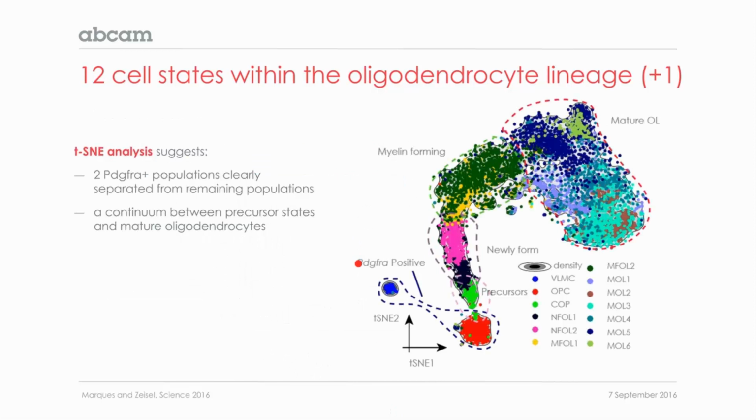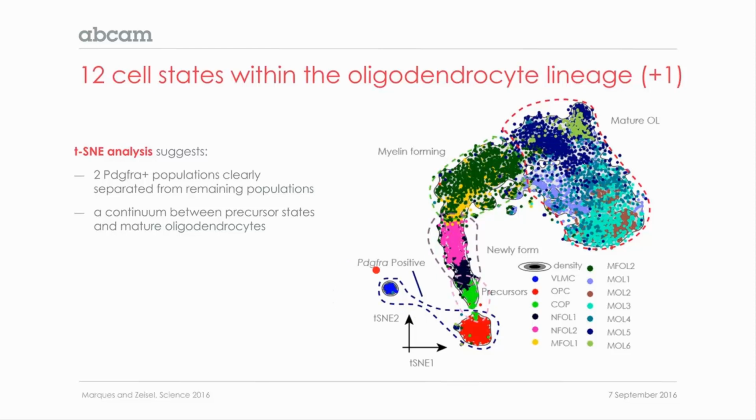So this is another way to visualize the data. This is a t-SNE plot, which is basically a way to reduce the multidimensionality of the data, and every single cell here is represented as a single dot, and cells that are similar to each other will be close together in this t-SNE plot. And what we could find is that the 2 PDGFR-alpha populations were clearly separated from the remaining populations.